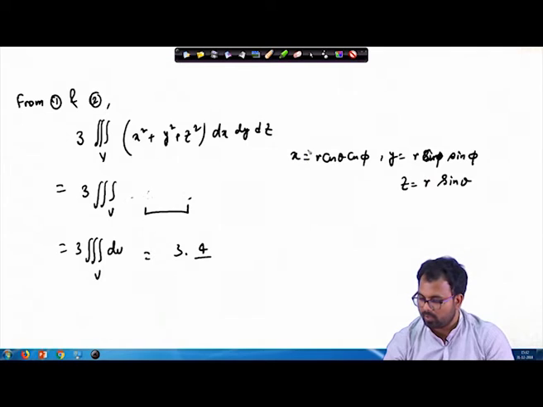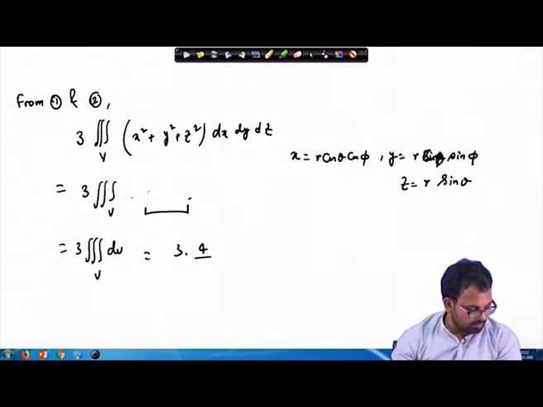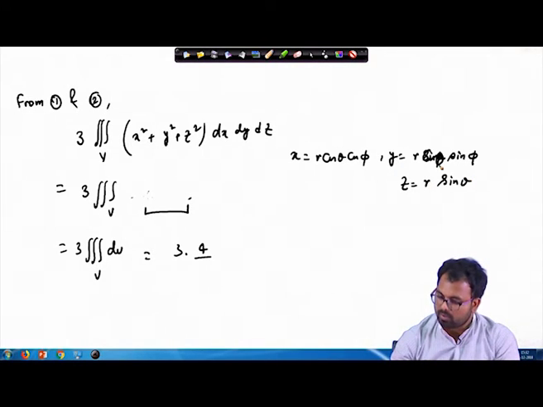Then in that case this will be x square plus y square. So, cos square theta will get out, and then this will be cos square phi plus sin square phi, and then that will be 1, and then it will be r square sin square theta. Yes. So, this is correct.